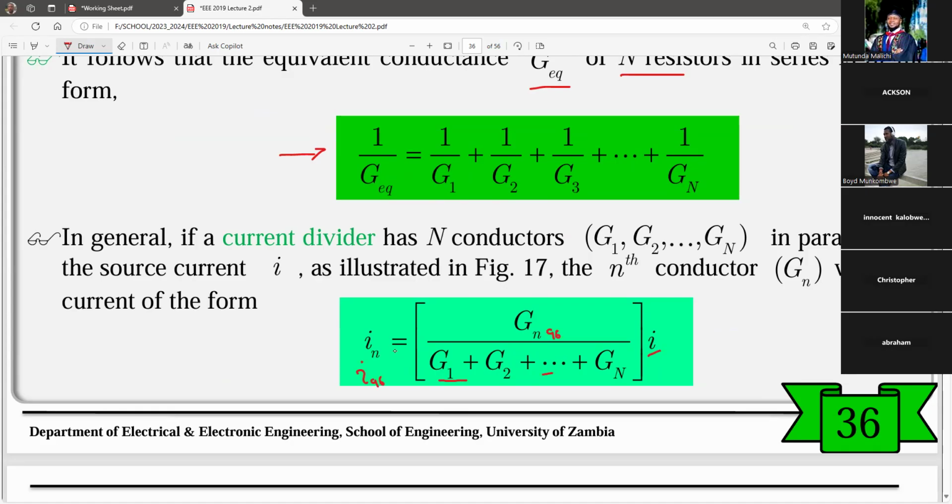That's according to the current divider rule.